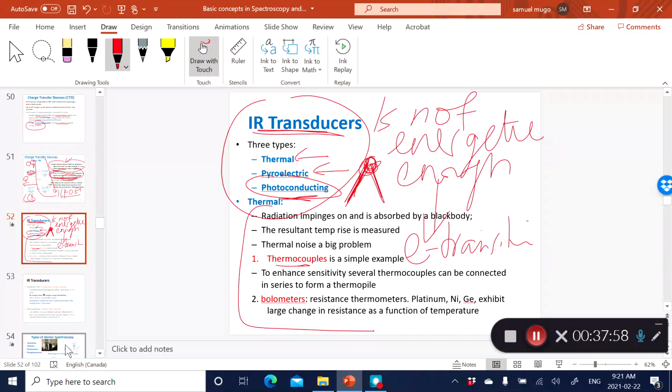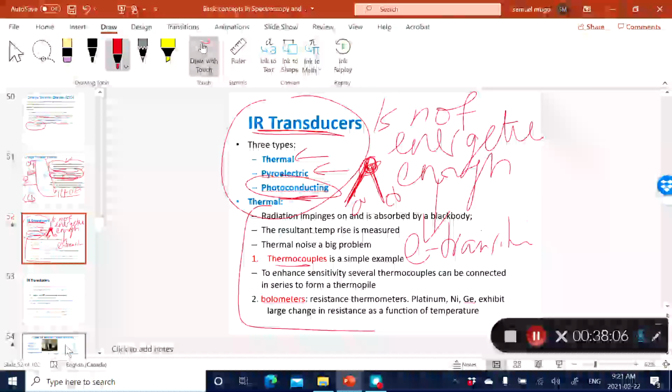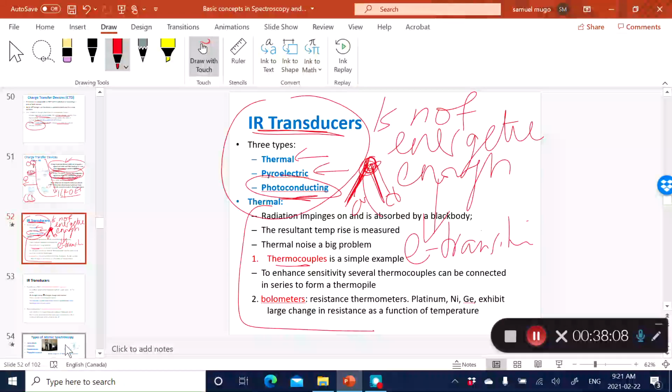So if I take copper and chromium and glue them together, because there will be differential conductivity between those two metals, I'm gonna create a potential difference if I impinge it with heat, and so that's gonna create a voltage, and that is the thermocouple.